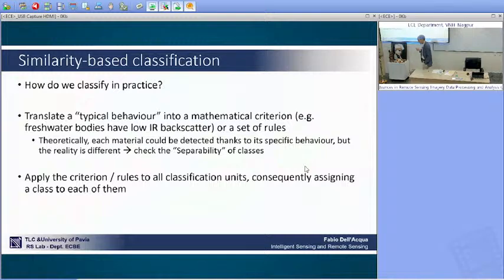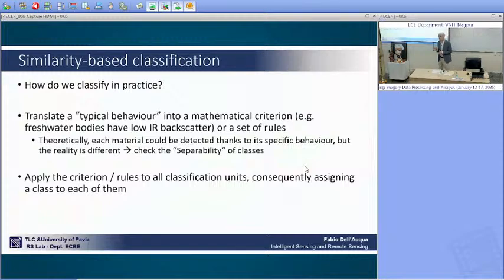So if we look at each classification unit, and I'm making an example, okay? It's not necessarily like this. I'm making an example in which I decided to leverage spectral information. So what am I supposed to do? Well, I take each classification unit, I look at the spectral response that comes with that classification unit.